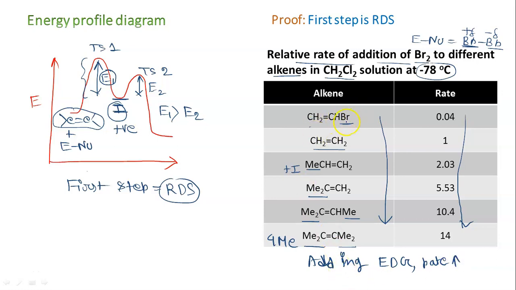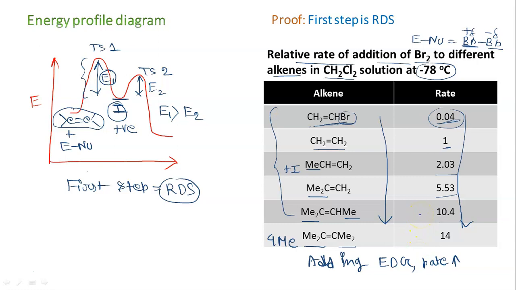And when there is an electron withdrawing group, the rate of the reaction is minimum here, because among all these alkenes only in this alkene is there an electron withdrawing group, and that is why the rate is so low. Okay, so from 0.04 now it is 1, then 2.03, 5.53. So basically it is gradually increasing.